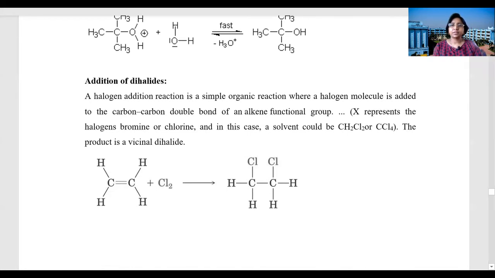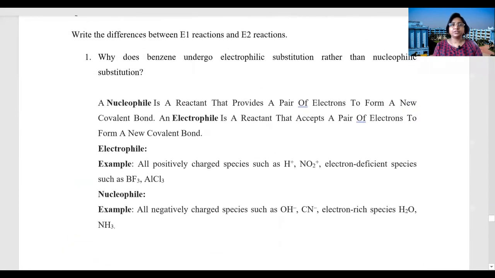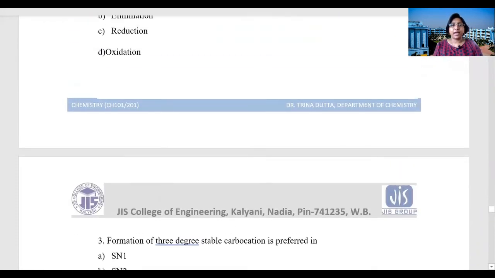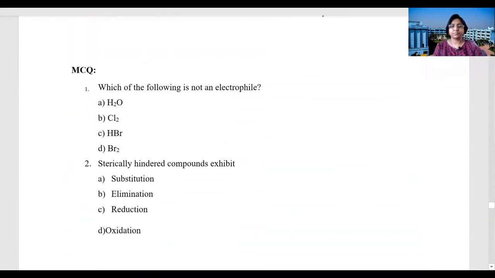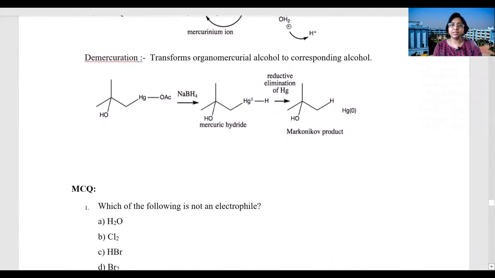Next we can show different other types of addition reactions, for example the oxymercuration and demercuration reactions. This is also an addition reaction. Okay, so I hope that you have understood the elimination reactions and addition reactions.